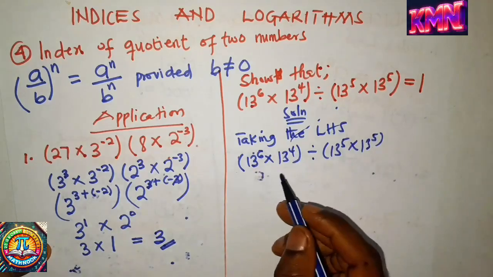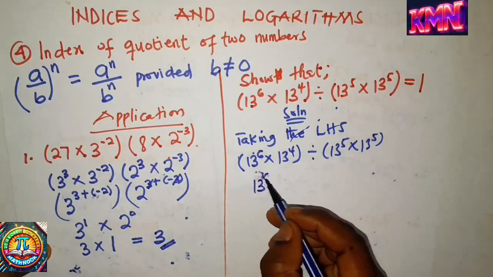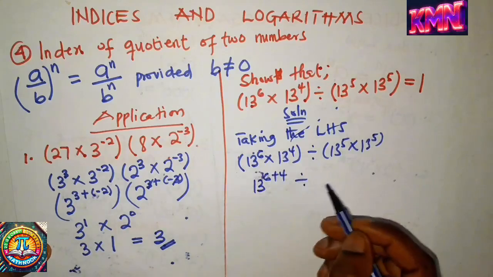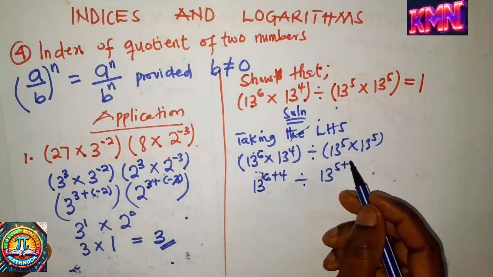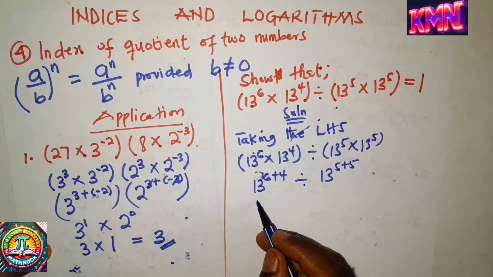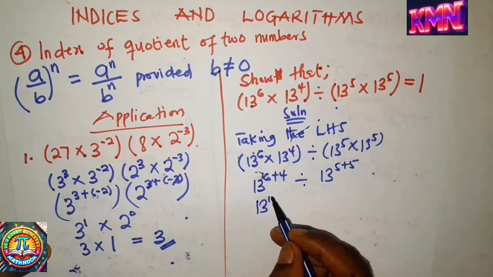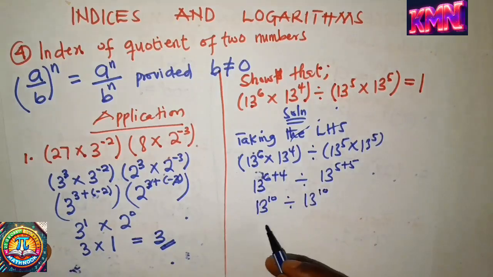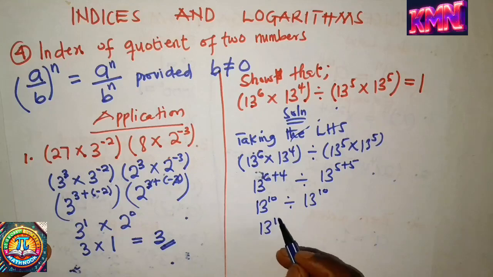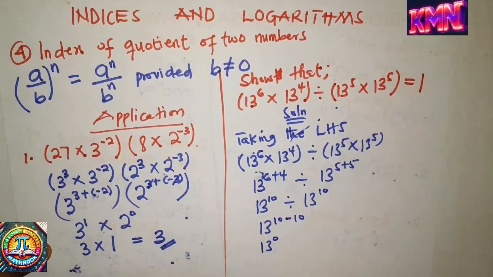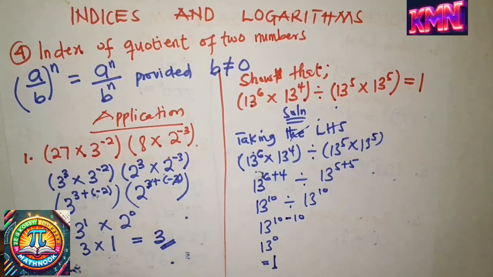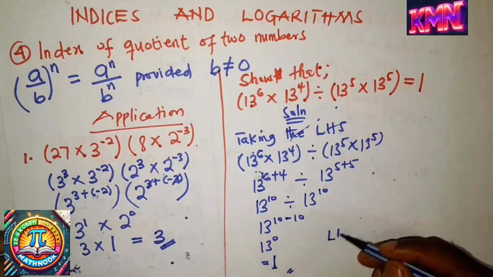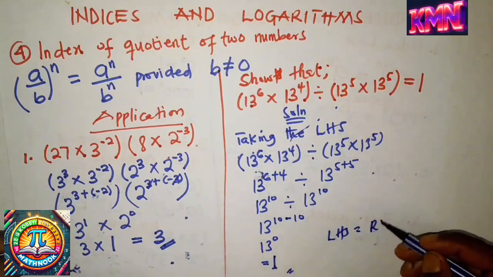From the product law, we get 13 exponent 6 plus 4 dividing 13 exponent 5 plus 5, which gives us 13 exponent 10 divided by 13 exponent 10. From the quotient law, that gives us 13 exponent 10 minus 10, and we get 13 exponent 0, which is equal to 1. So hence, the left hand side is equal to the right hand side.